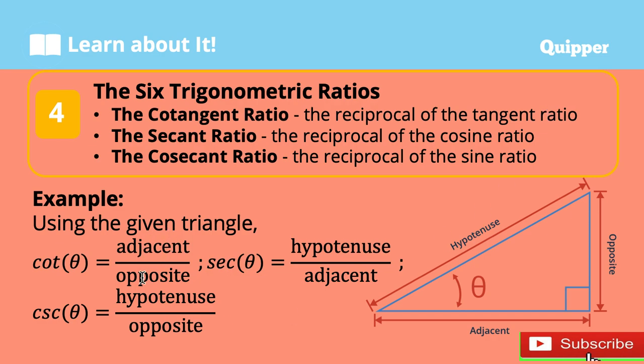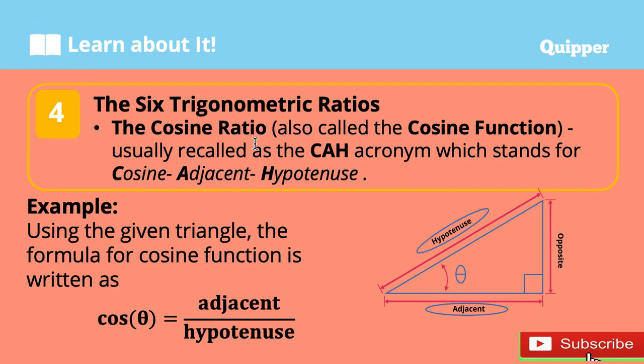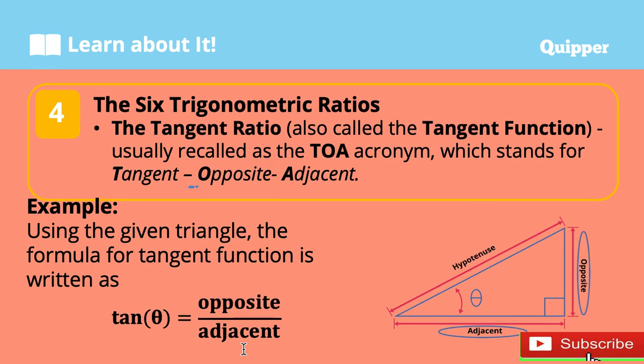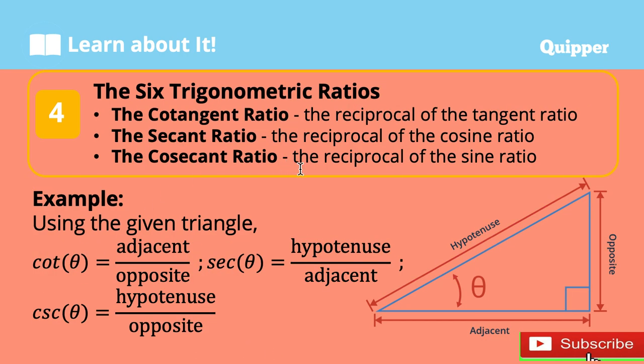Therefore, the cotangent must be its opposite: adjacent over opposite. Just get the reciprocal. Then the secant ratio is just the reciprocal of the cosine ratio. Our cosine is equal to adjacent over hypotenuse. Therefore, our secant must be hypotenuse over adjacent.